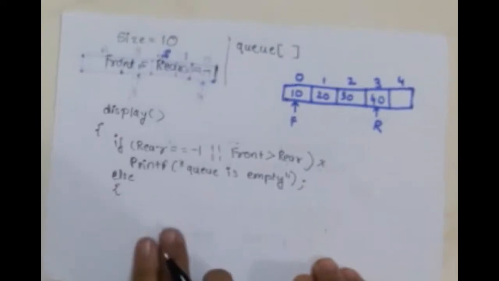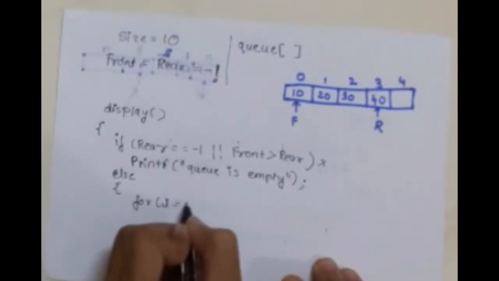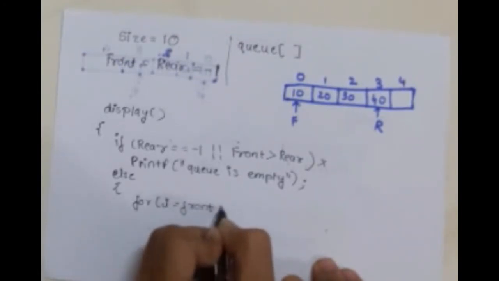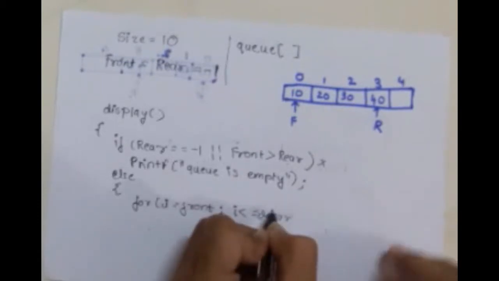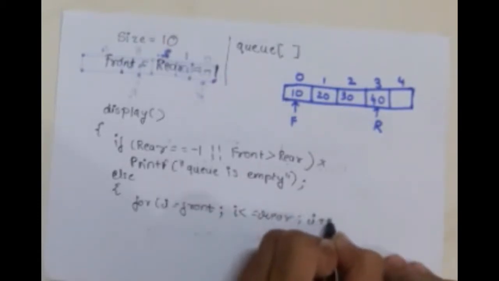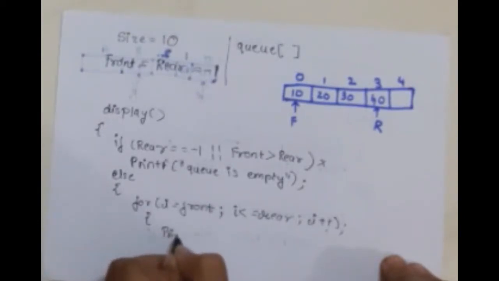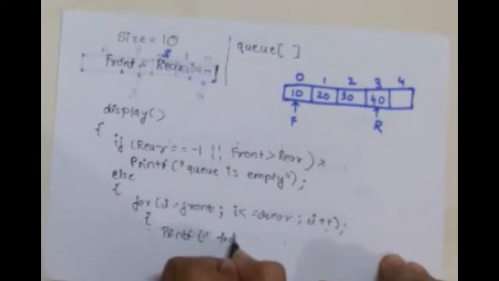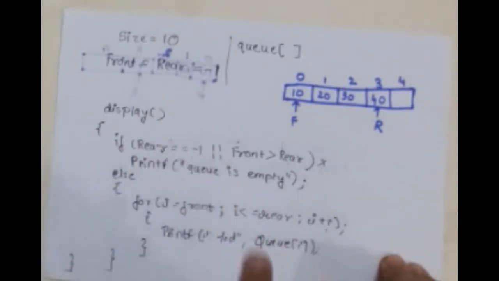Else, that is a simple for loop: for I equals to front, I is less than equals to rear, I plus plus. Okay. And then it will print the element Q of I. So this is a simple display operation.